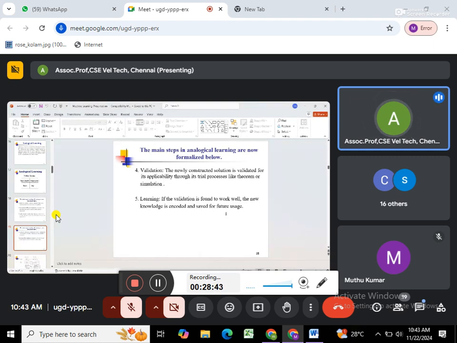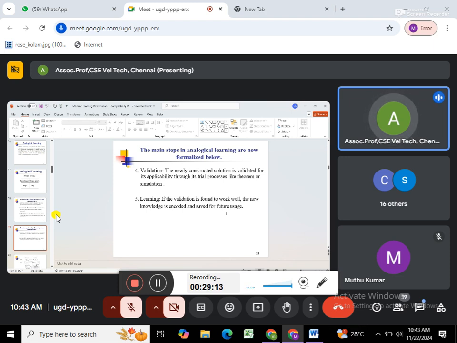Validating the system. Validating the system means the newly constructed solution is to be validated with some theorems or proof. That is very important. If it is a tumor, a cancerous or non-cancerous tumor, we have to validate the system quite confidently. A healthy person should not be predicted as a tumorous or cancerous person. If our system fails in that angle, then validating the system is more important than for any other type of system.